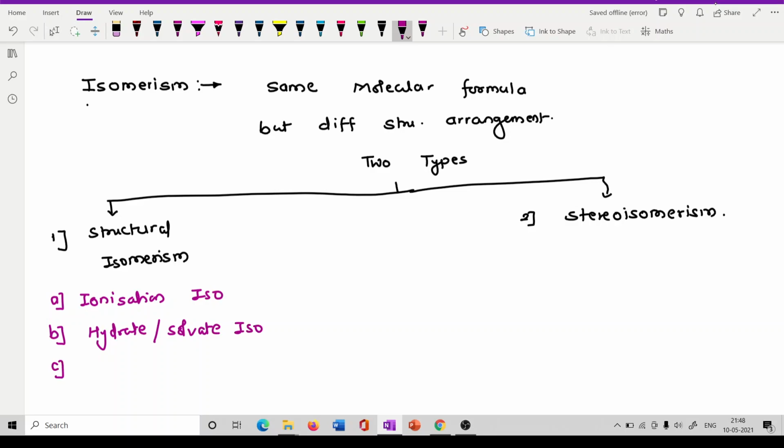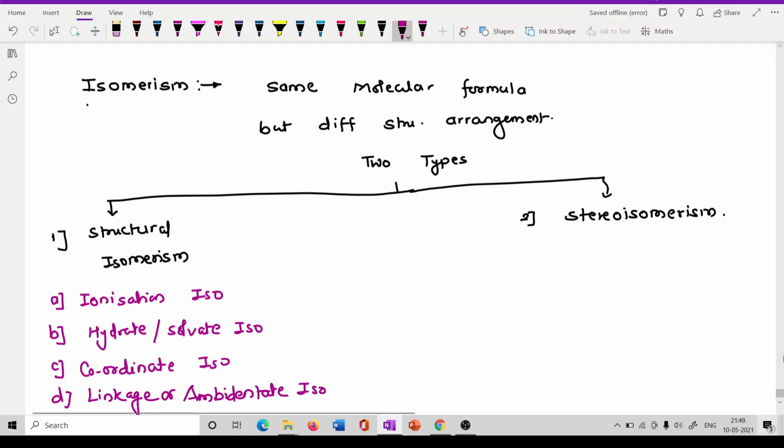The C part is coordination isomerism. The D one is linkage isomerism, also called ambidentate isomerism.